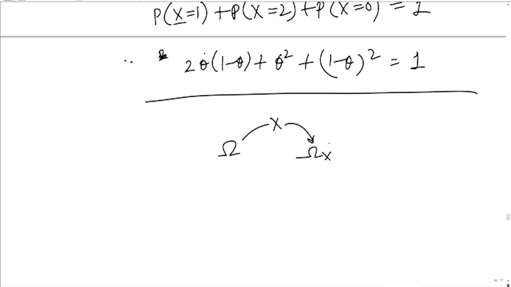Now you define a probability assigner function f of x theta on the values of this random variable omega x. And what does this function give you? It gives you probabilities for your events in the event space. Okay. That is how this whole workflow works.